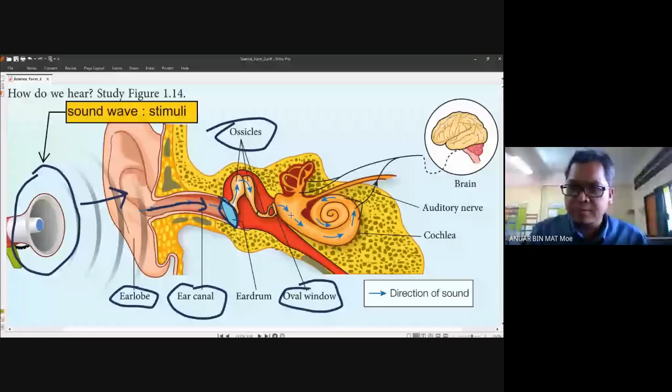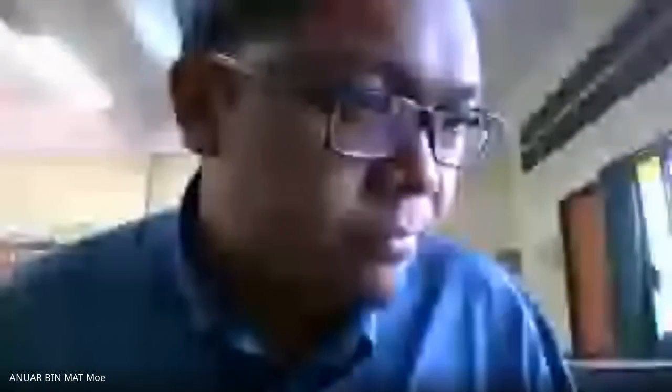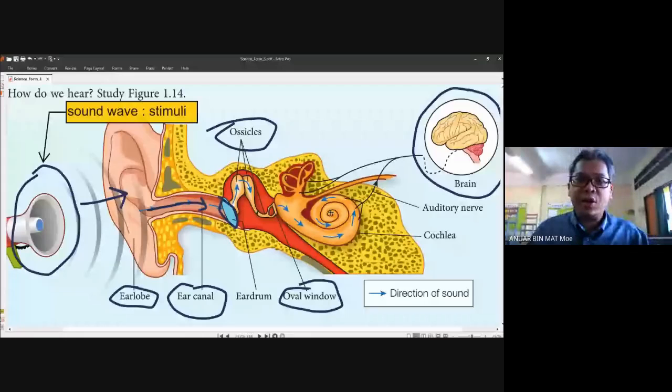What is the function of the brain? When the message impulse, or the signal impulse, reaches the brain, what is the task, or what is the job, of the brain? Anybody can explain to me what is the job of the brain? It will try to translate the message, for example, where the sound is coming from, isn't it?